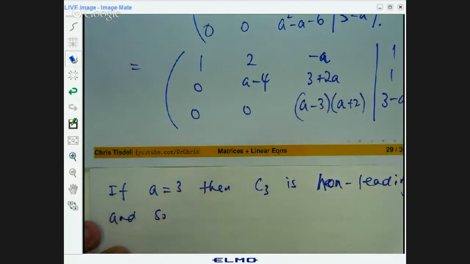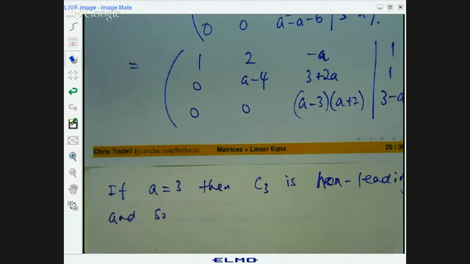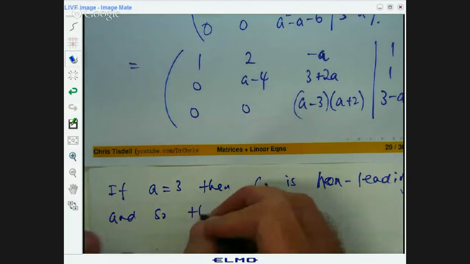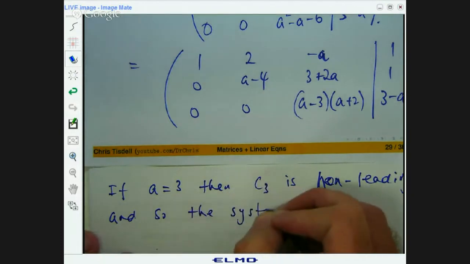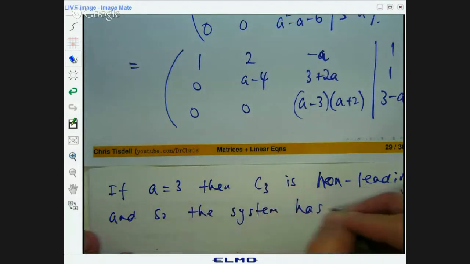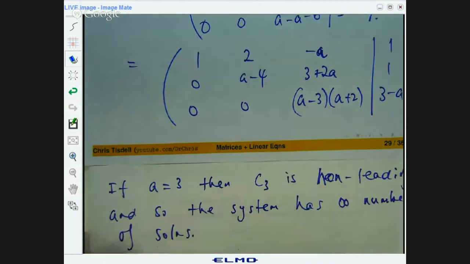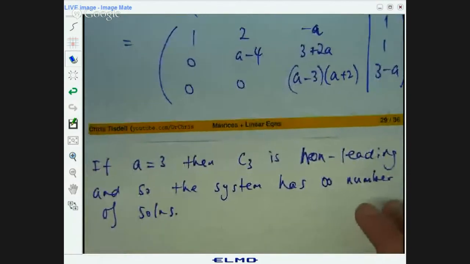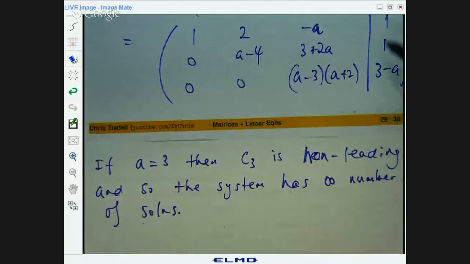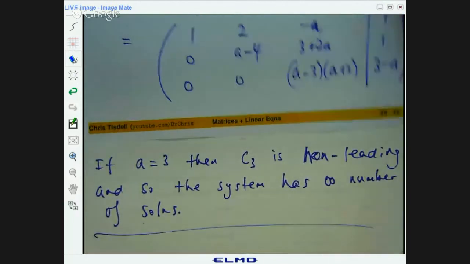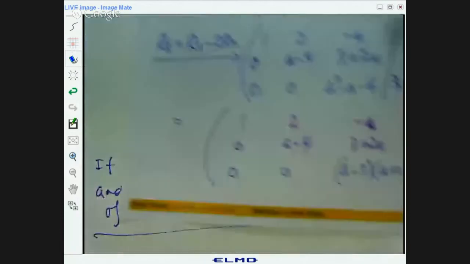And so the system has an infinite number of solutions. So basically C3 is non-leading and C4 is not leading either. Okay. So that takes care of the last part, right?